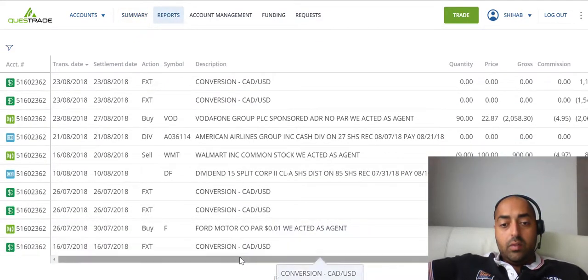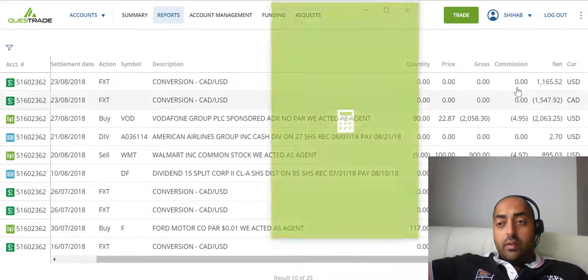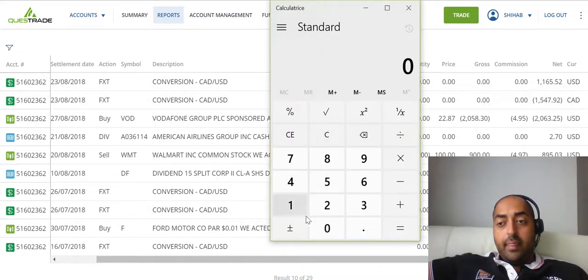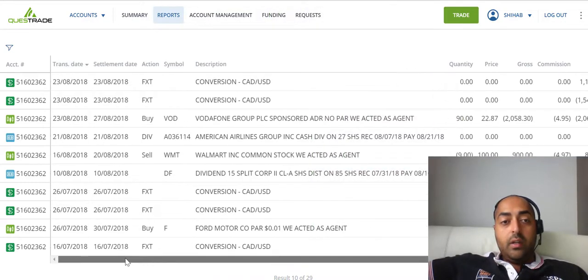So if we look at an example of a conversion that was done automatically, it was most likely for Vodafone here. So here you can see the conversion. 1547 divided by 1165 gives 1.32789. This was done August 23rd.